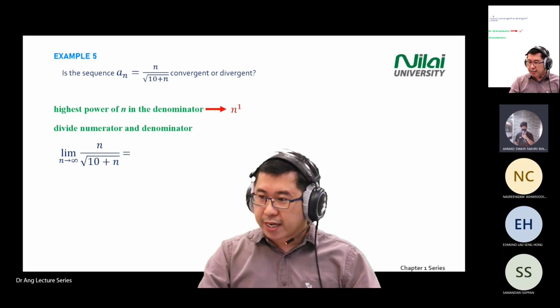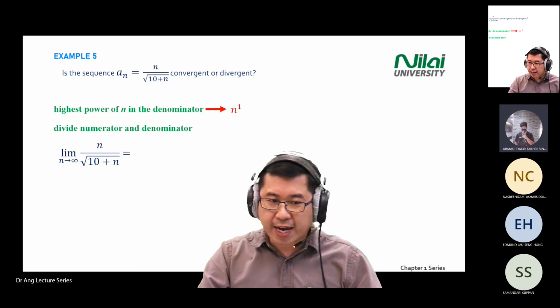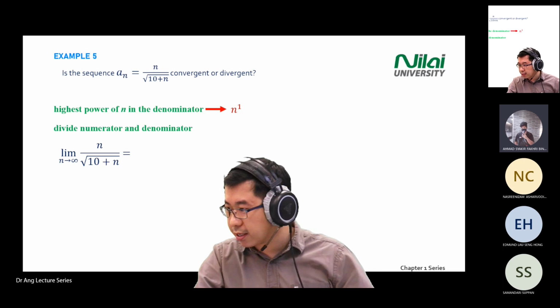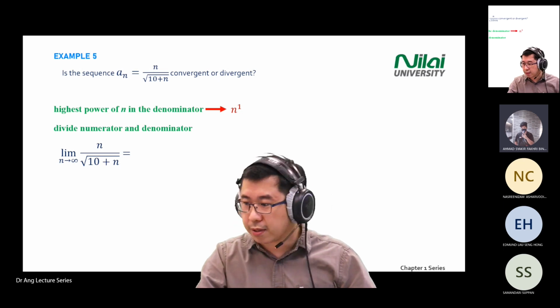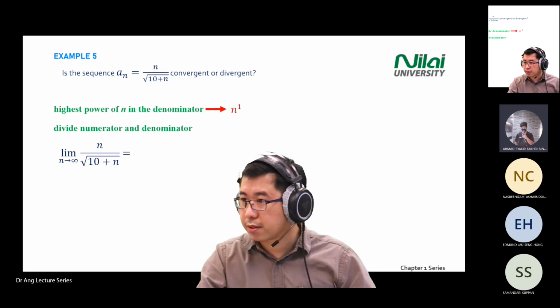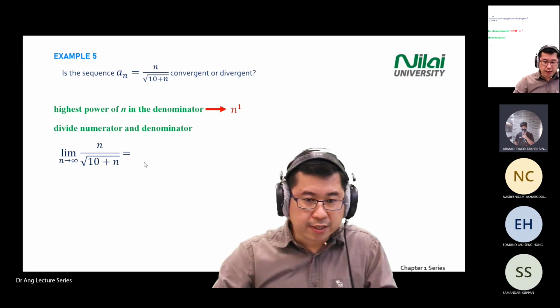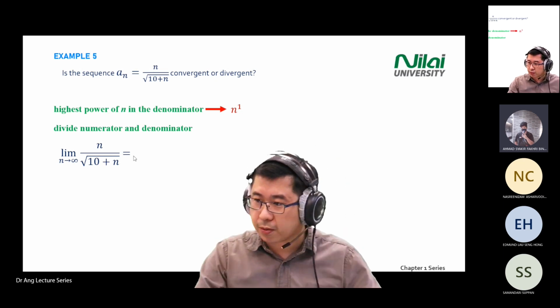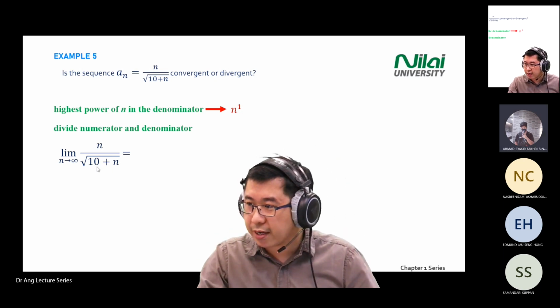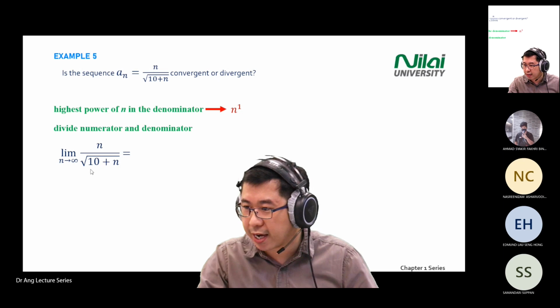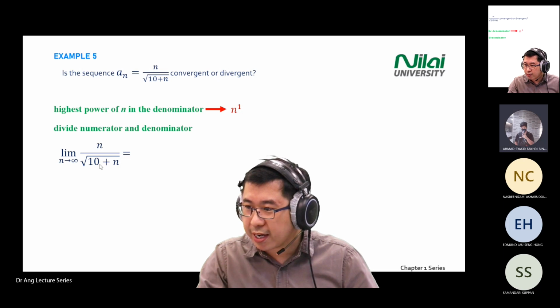Okay, what I'm saying is that if you divide this one with n, you are dividing with the square root.